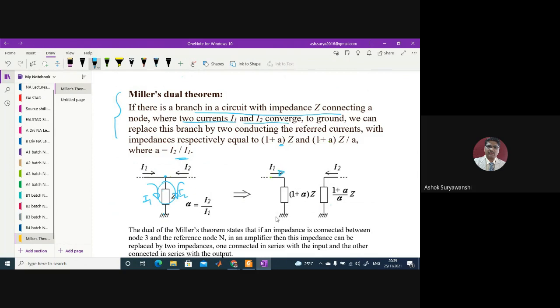...conducting referred currents with impedances. The first impedance is 1 plus alpha into Z, or 1 plus A into Z, or 1 plus AI into Z, where alpha equals A equals AI is the forward current gain, right?